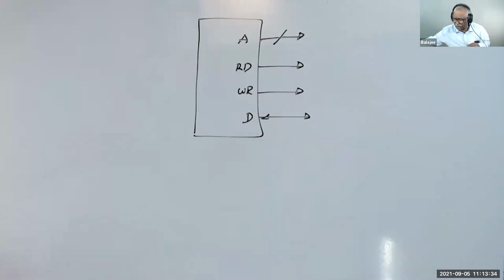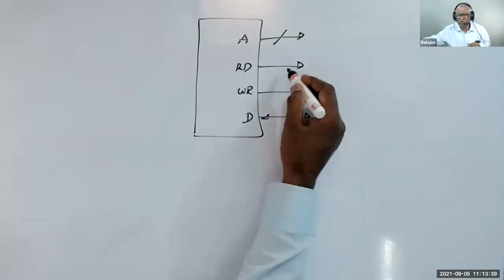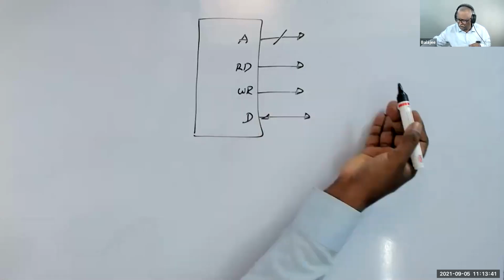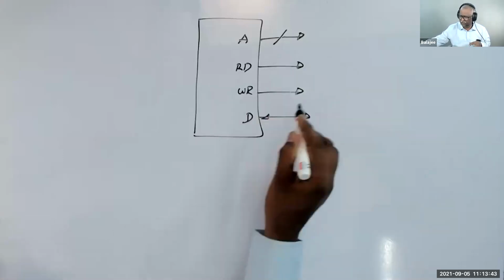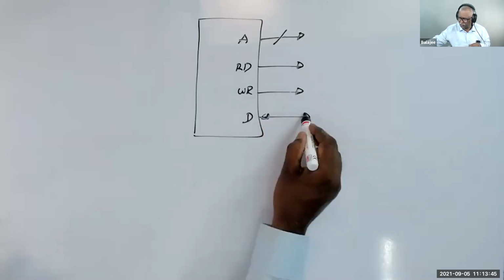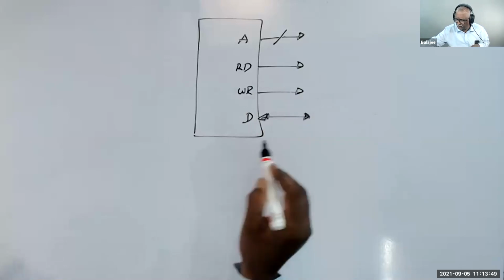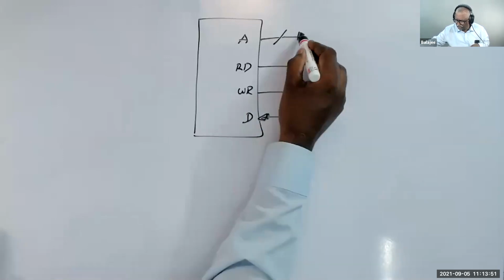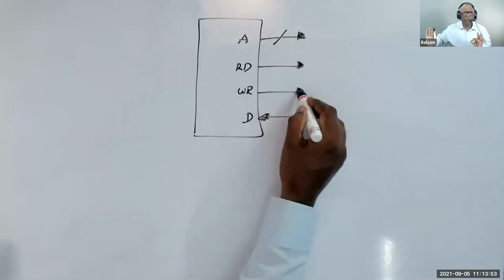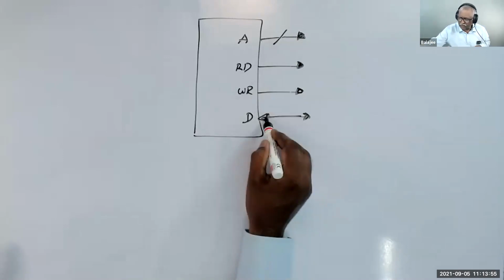Address is used to point to a memory, and read is used to read the data. Write is used to write the data, and data is to get the actual data in and out. And always make sure that all these things are given by the microprocessor, and only data he gives or accepts. Nothing more than that.